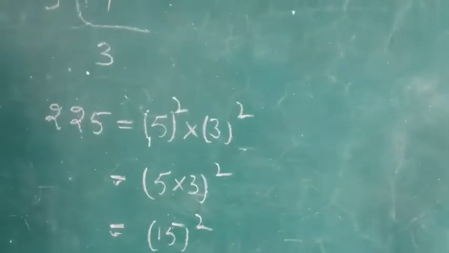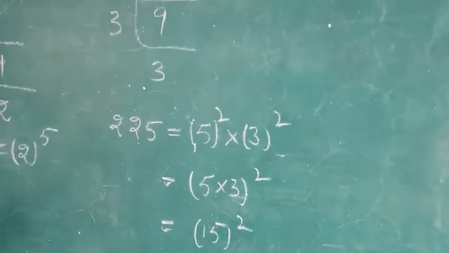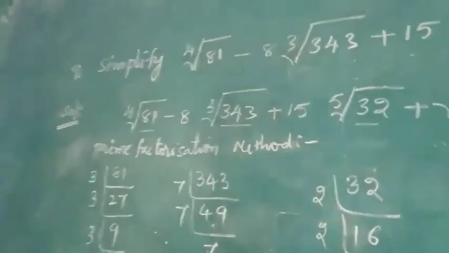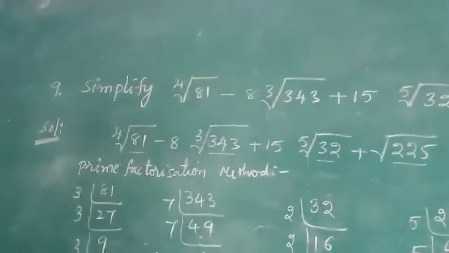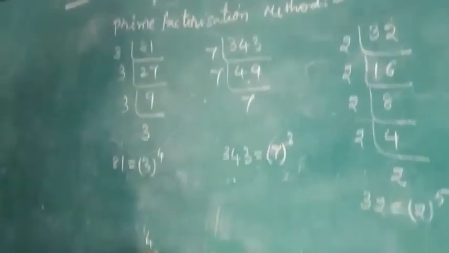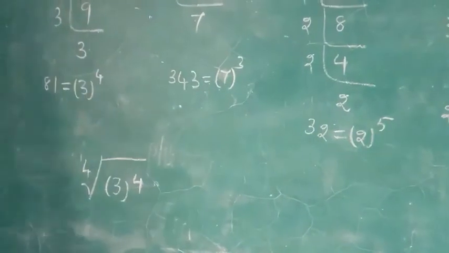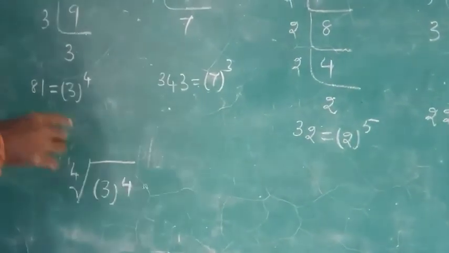Yes or not? Then what I have to do, these are all values I need to substitute in this. So let me write that clearly here. Fourth root of 81. What is 81? 3 to the power of 4. 81 will be 3 to the power of 4 or not?